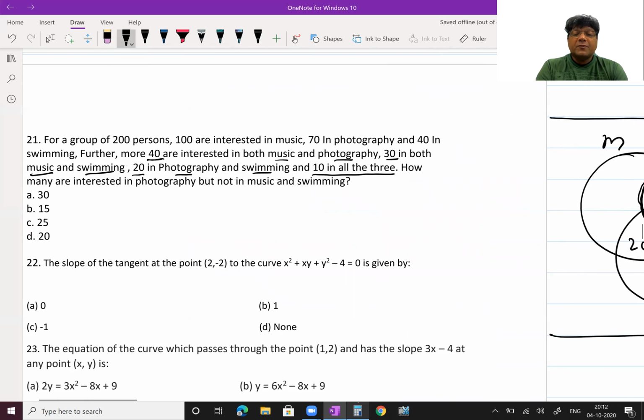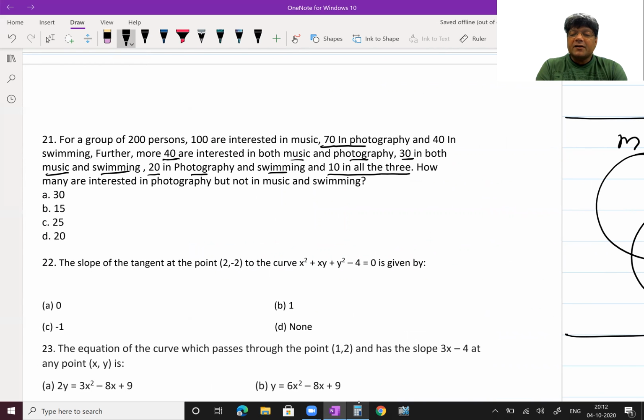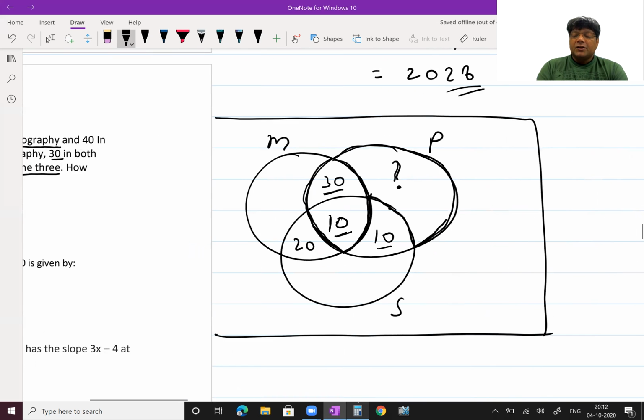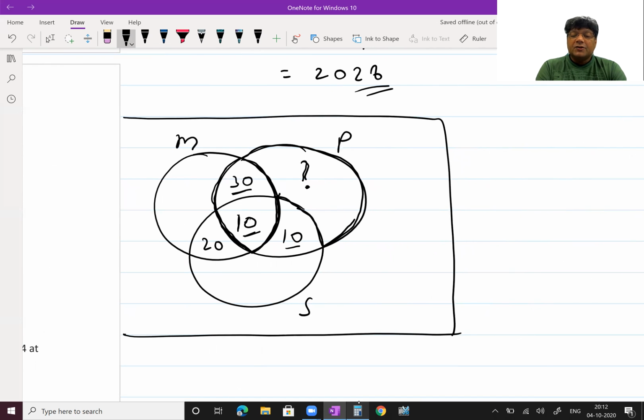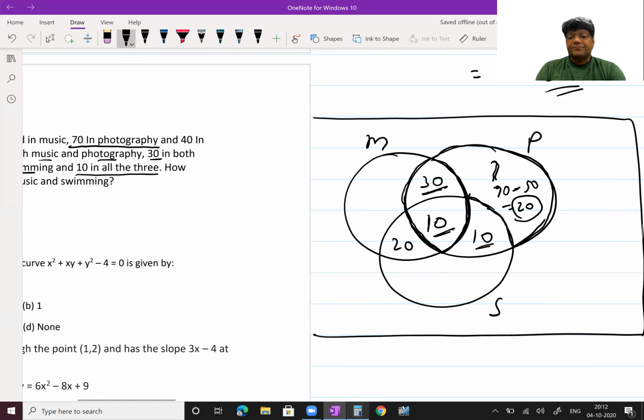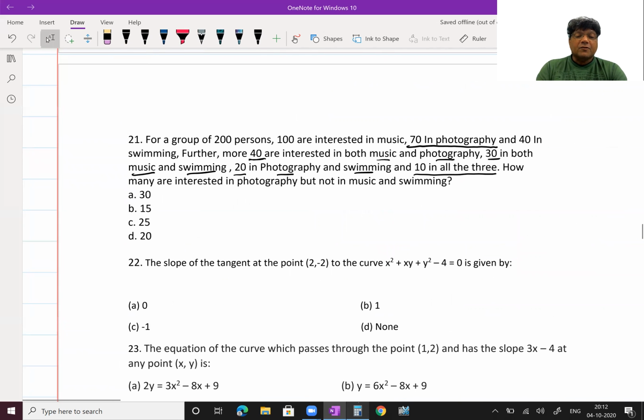And photography is 70, guys. So this is 70 minus 50, and that is equal to 20. 20 in photography only. Your option, D.